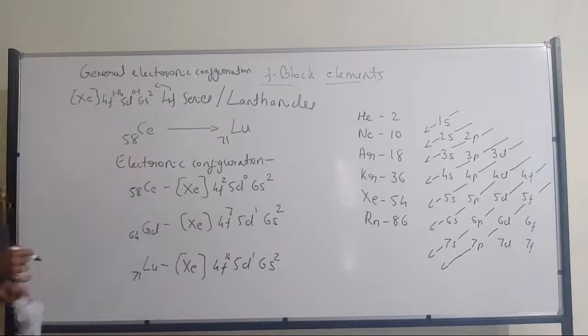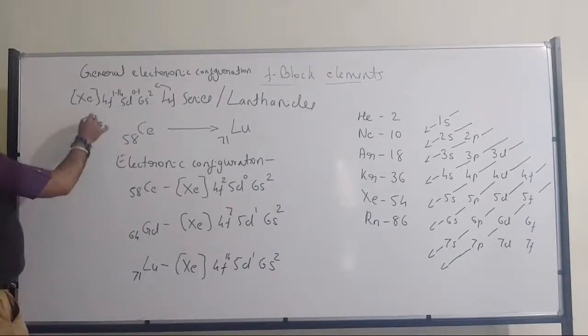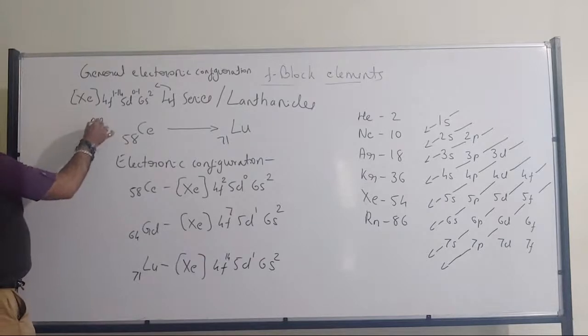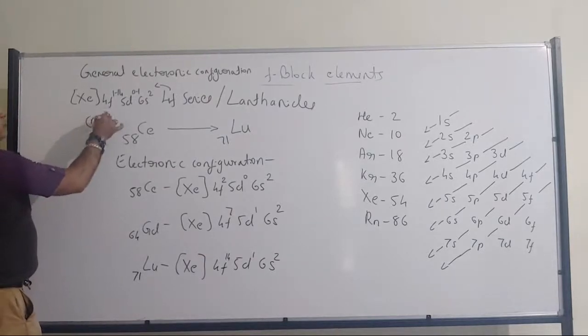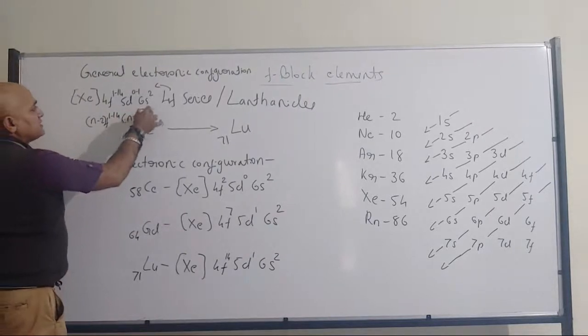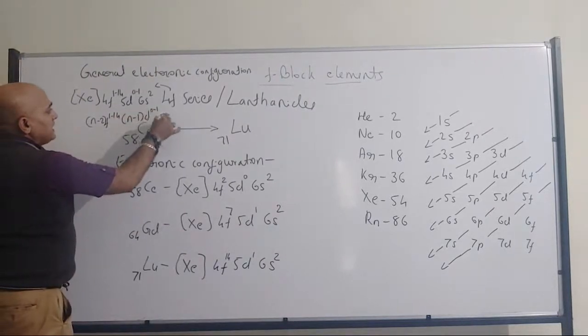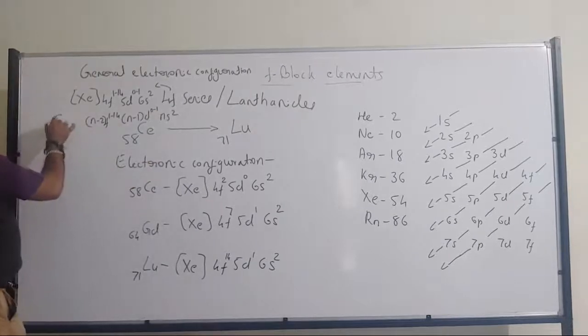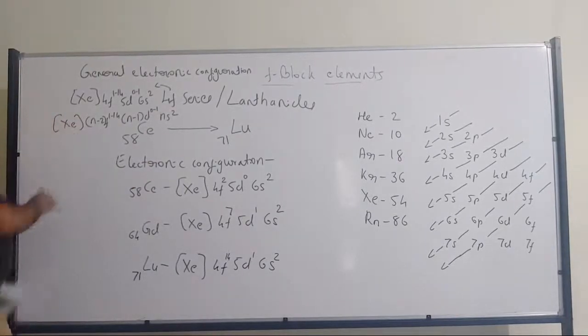So that's where we have the general electronic configuration, where we can mention it as (n minus 2) F 1 to 14, (n minus 1) D 0 to 1, then ns2. If I write xenon here, then it's understood that I am talking about the 4F series.